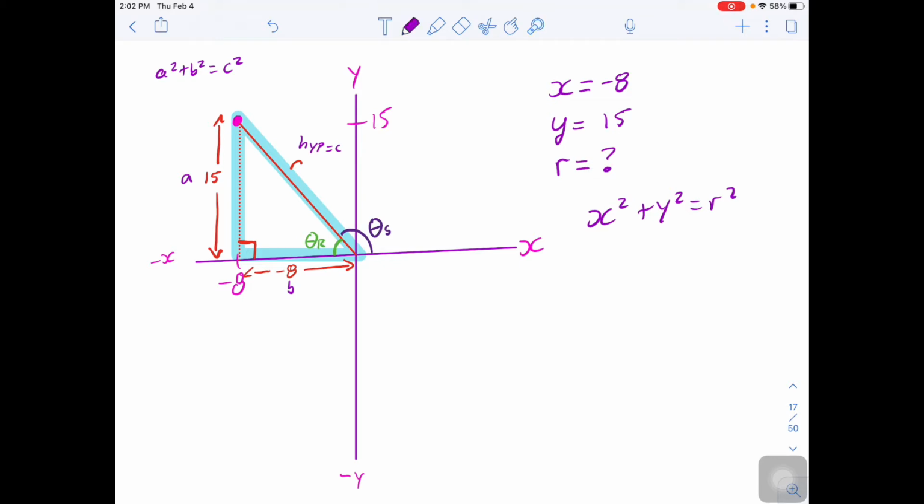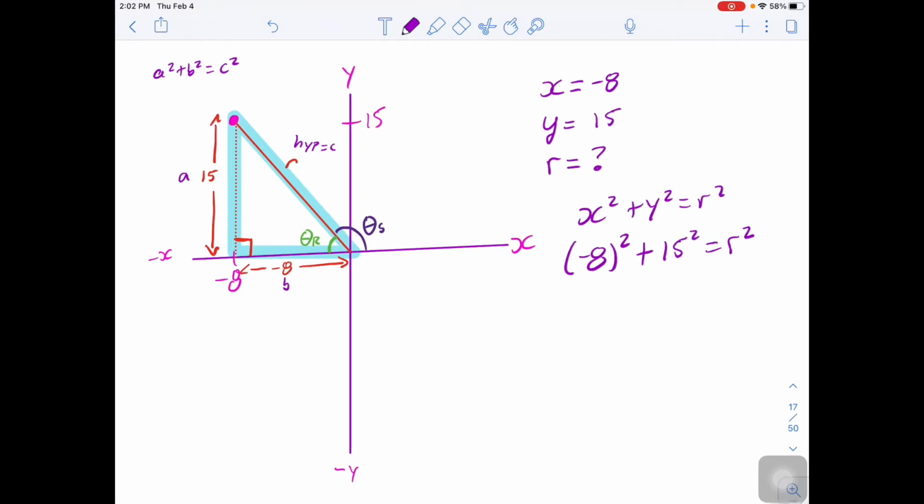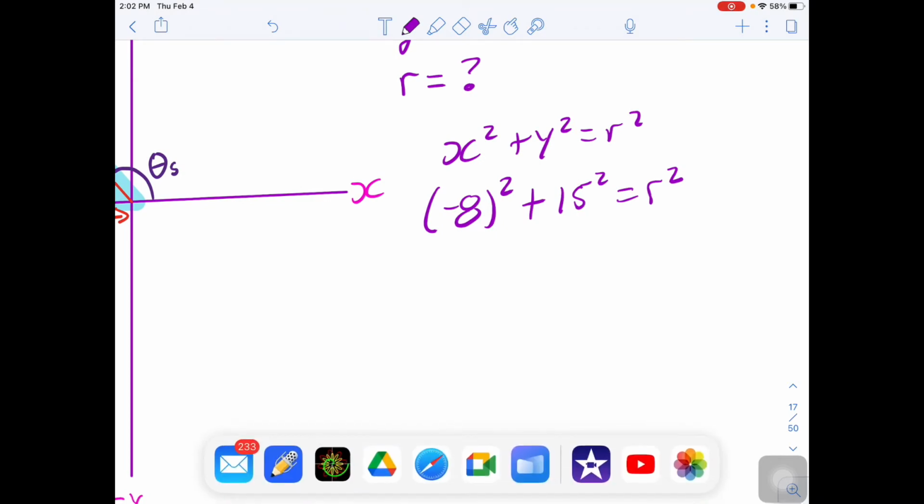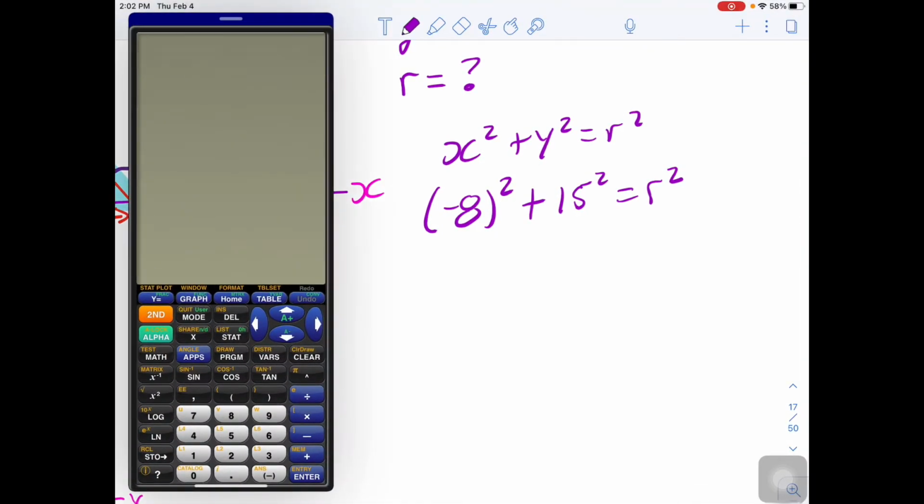Let's solve for r. So x is -8, so (-8) squared plus 15 squared equals r squared. Now I would really recommend using your calculator to plug this in. So if I pull out a calculator here, I'm going to put brackets around my -8 and I'm going to square it. Recognize the square is outside the brackets.